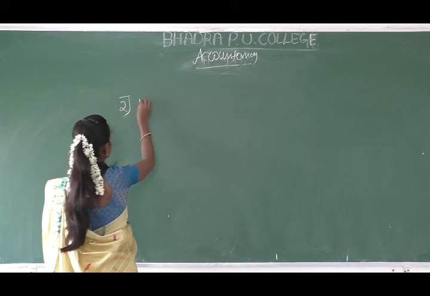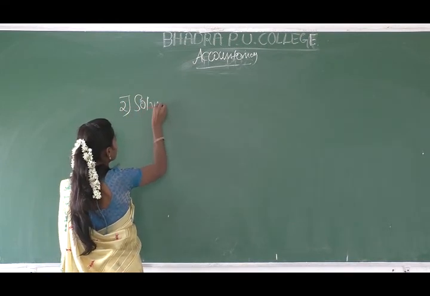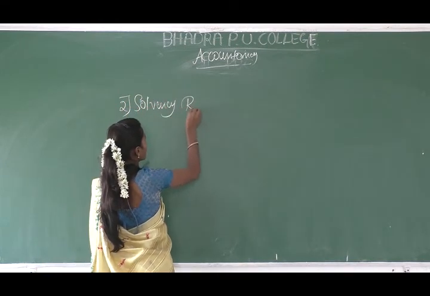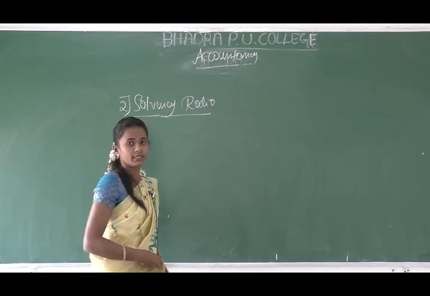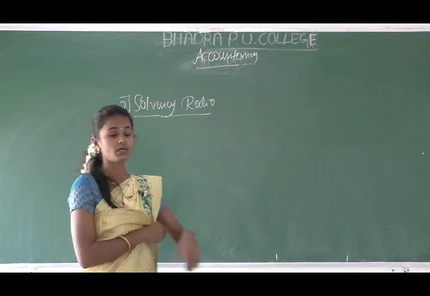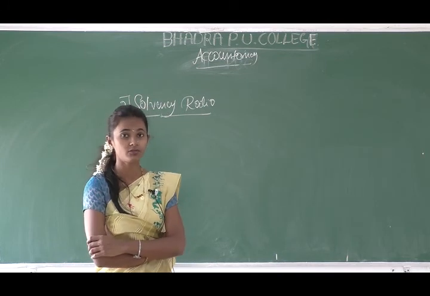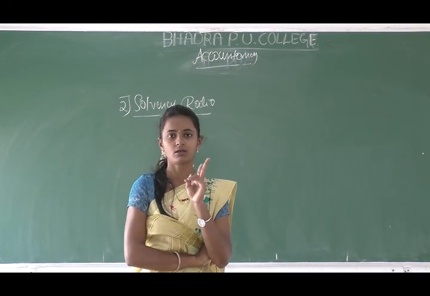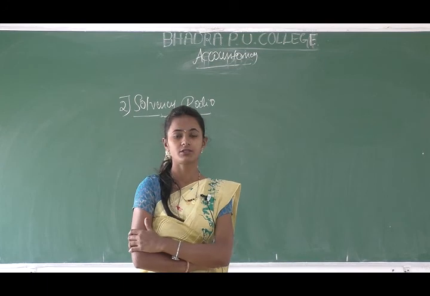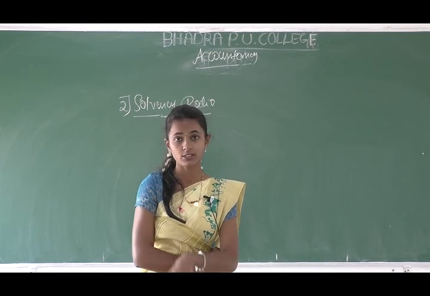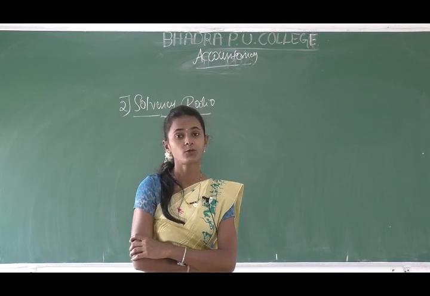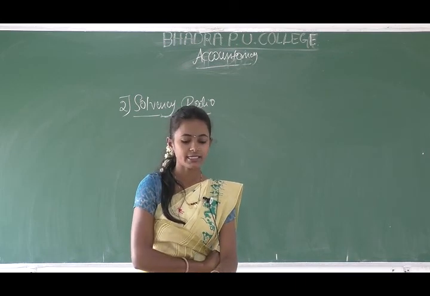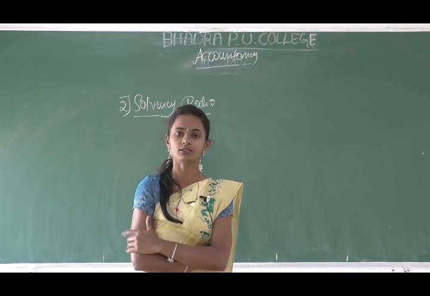I will write here: the second one is the solvency ratio. In the case of a solvency ratio we again have 2 categories. The first ratio is the debt equity ratio and the second one is the proprietary ratio.